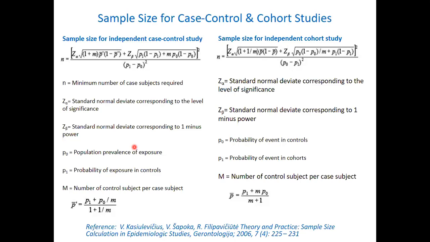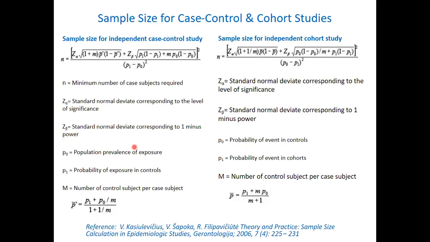You remember the type 2 error: that's not rejecting our hypothesis when it is false. And we know that type 2 error and power add up to 100%, the same thing as 1. So if you choose your power of 80%, the corresponding standard normal deviation is 0.84.